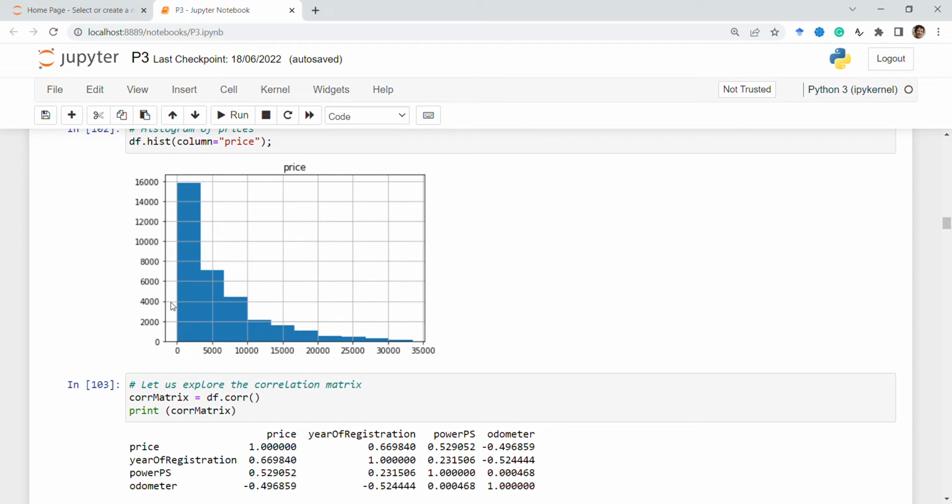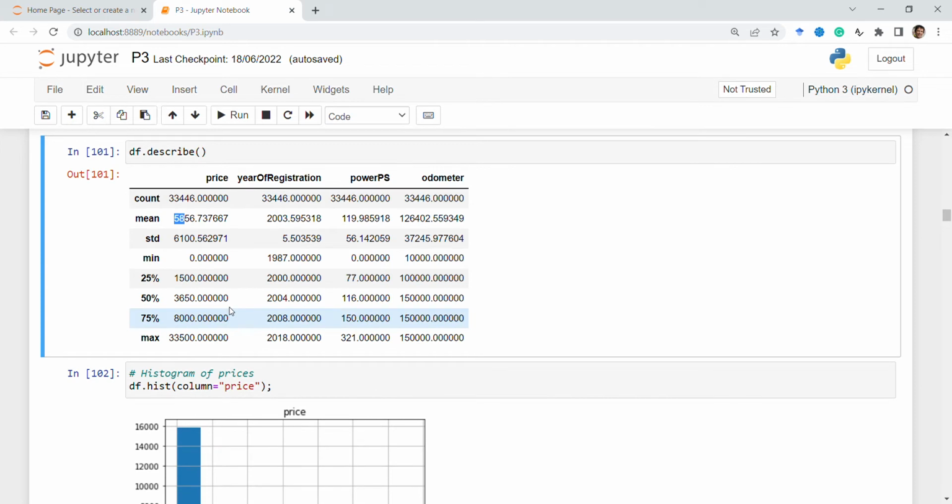When the mean and the median don't coincide, it is because the distribution is not symmetric, and this is the case now. The years of registration are much more normal. There are cars almost 30 years old, and the newest cars probably come from last year. Then the power is something more reasonable.